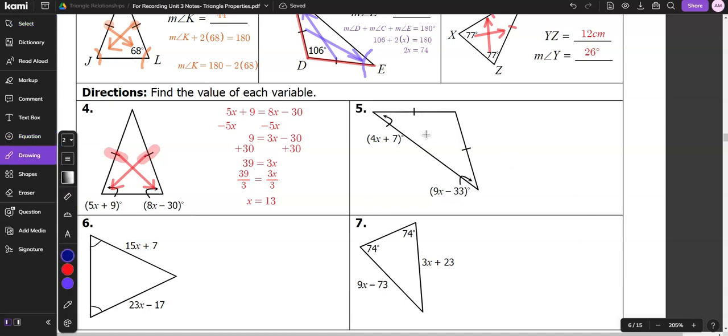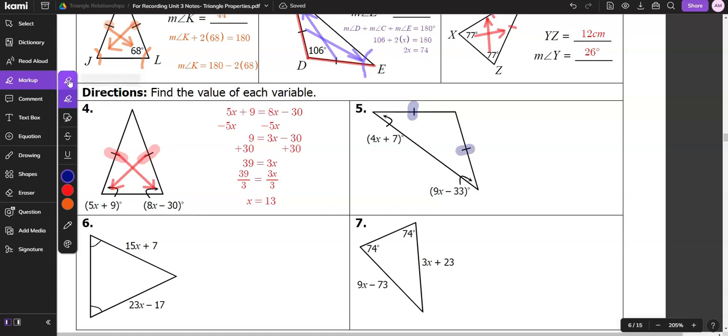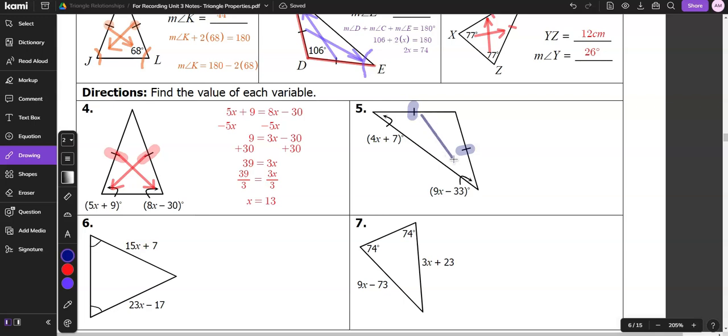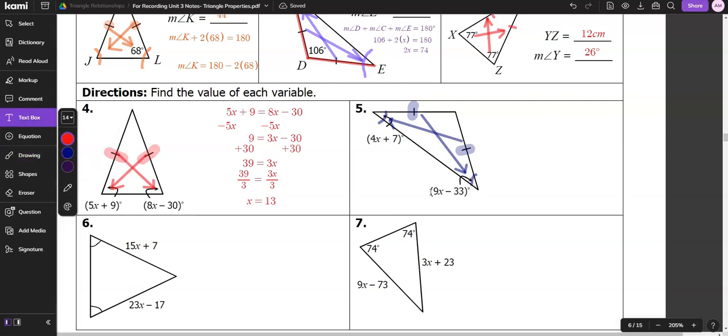Now looking here at number 5, we have the same thing. We can see that we have congruent sides as indicated by the tick marks. So what, again, that means is the angles that are opposite those sides are congruent to each other. So we can mark those two angles congruent, right? And then what we're going to do is set these two expressions equal to each other.